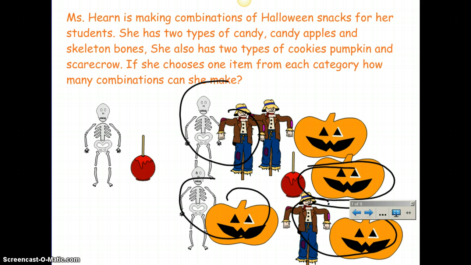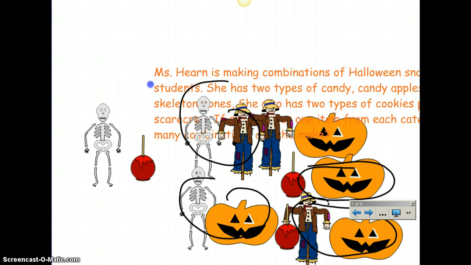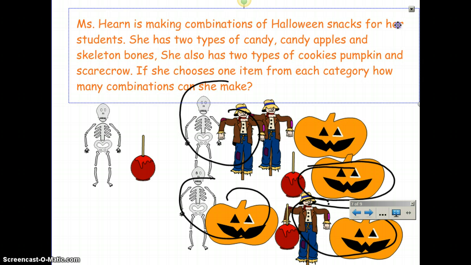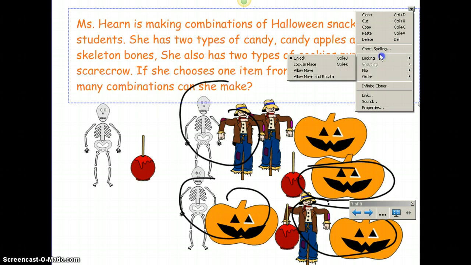And I'm sorry, this is supposed to be a candy apple and a skeleton, or a scarecrow, sorry. Candy apple, scarecrow, candy apple, pumpkin. I'm going to show you a much faster way to do this than doing all of those steps. Okay?